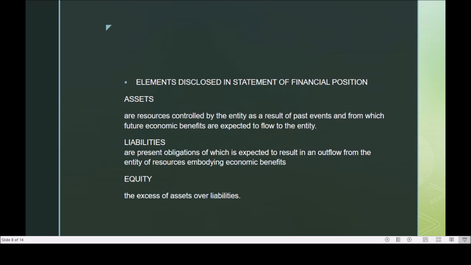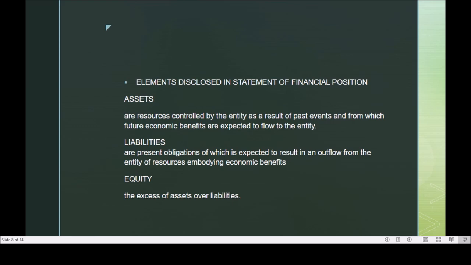Ibig sabihin, coming from a past event, a past transaction, and from which future economic benefits are expected to flow to the entity. Masasabi lang po nating asset yan pag we believe, if we evaluated that particular item, na we have control of that, and at the same time we can get benefits from that.